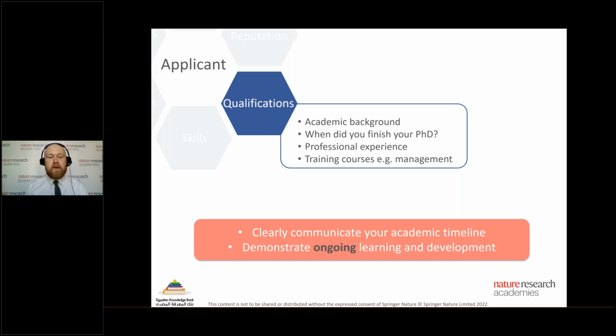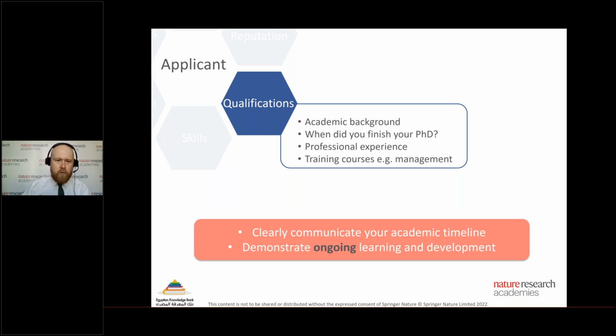Okay. But they'll also be interested to see if you have any professional qualifications. Have you done training courses related to management, project management? These can demonstrate a good impression to the reviewers and help them build up that confidence in your ability to conduct yourself in a professional way, that you're experienced, and have learned how to manage a project well.